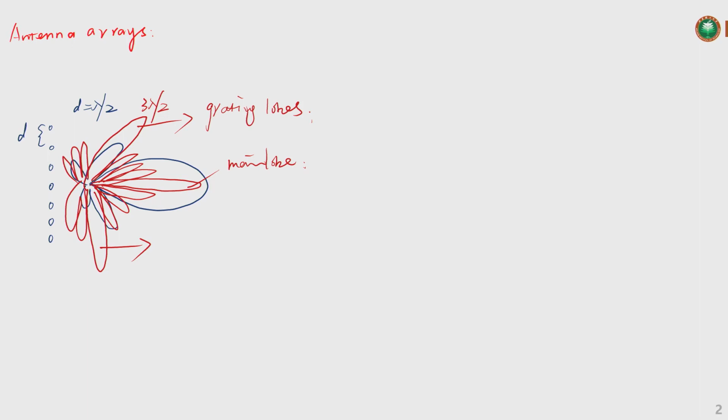To avoid the grating lobes, we need gamma, which equals kd cosine theta, to be smaller than 2 pi.